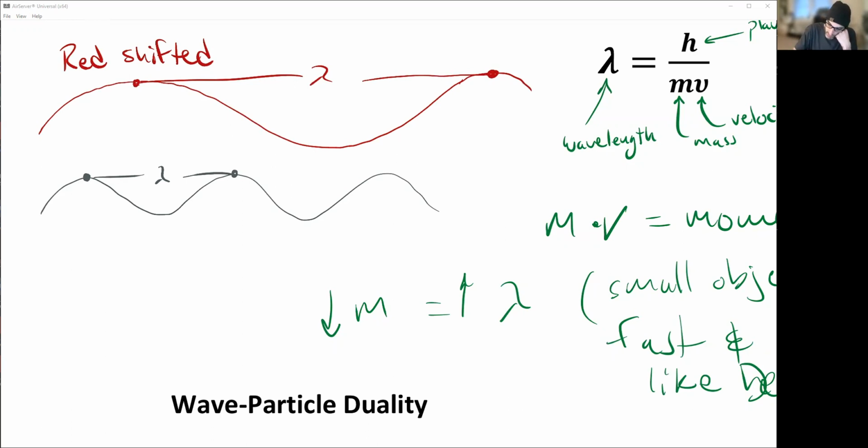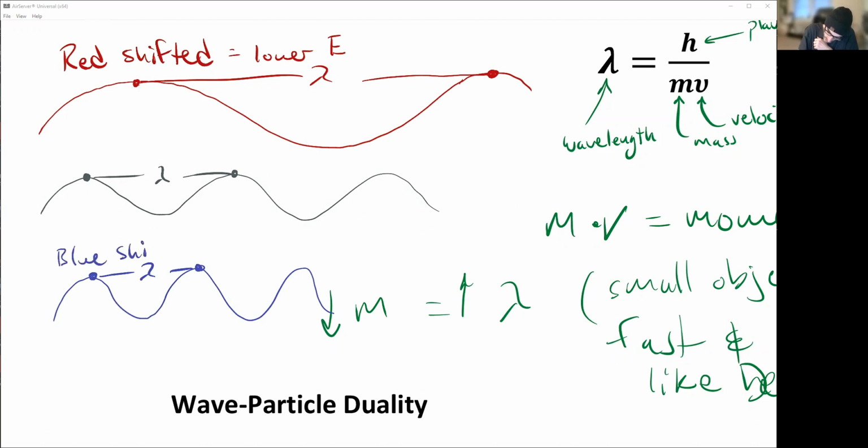Okay, that is red shifted. So red shifted ultimately means it's shifted to a lower energy state, versus something that has been blue shifted, and blue shifted is something that shifts to a higher energy state. Wavelength is shorter, so this is called blue shift. Equals a higher energy.